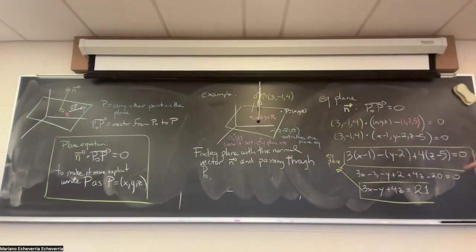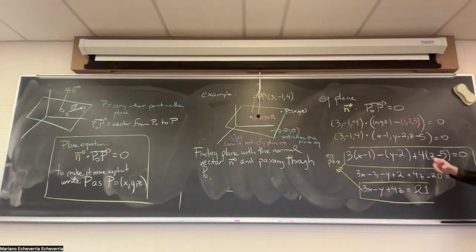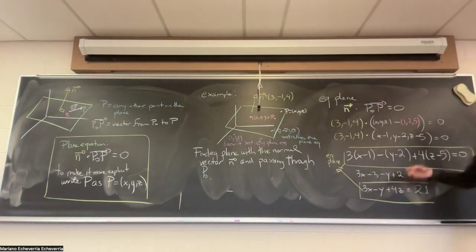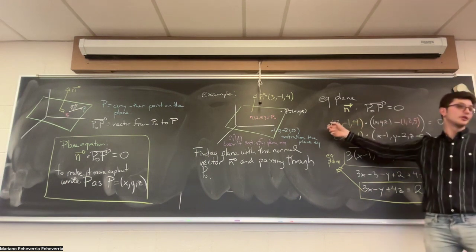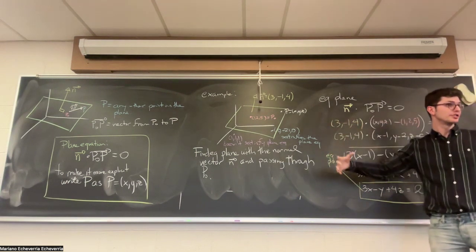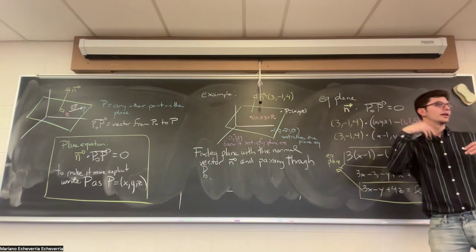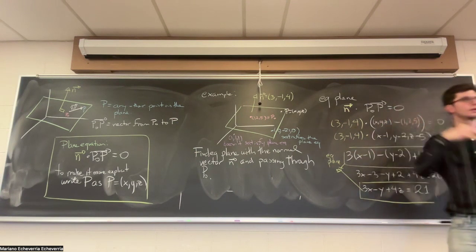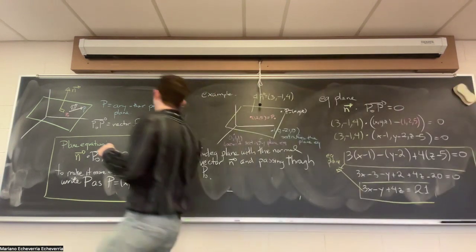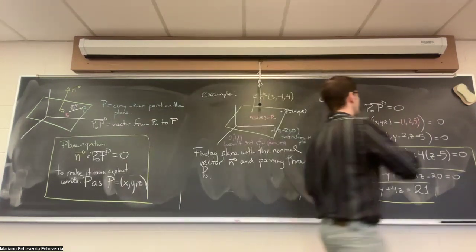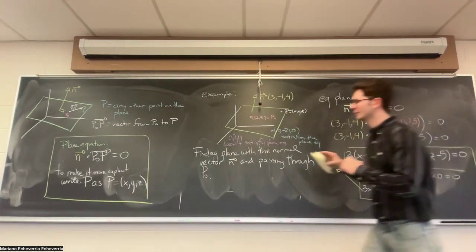If you look at this equation, 3, -1, 4 are exactly the coefficients of the normal vector, and that is true in general. In the plane equation, the numbers multiplying x, y, and z are the entries of the normal vector. Let me write that down, because that's the other important thing about planes.